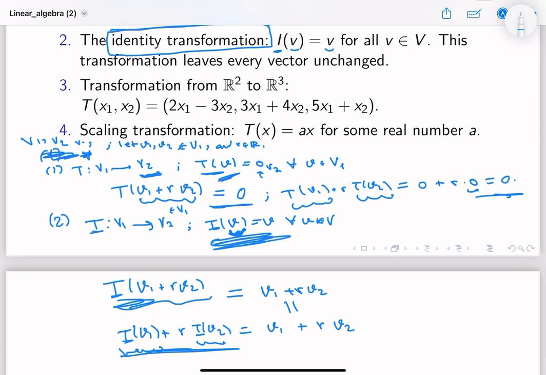So the other example that we want to take is a transformation from R2 to R3, right? So I wanna remind you here, we proved previously that Euclidean spaces are vector spaces, right?